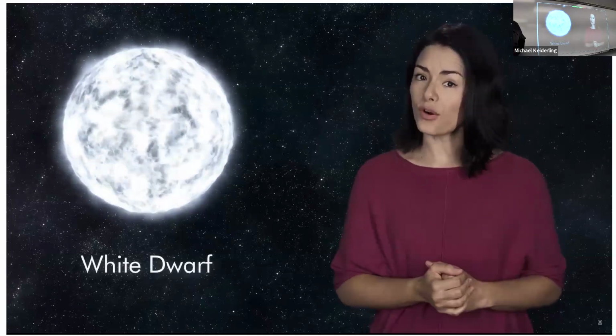Because fusion is no longer generating an outward pressure, the star contracts under the force of gravity to about the size of the Earth. But the lights don't go out right away. All that matter is still extremely hot, and hot things glow. So now you have a small ball of white hot matter floating in cold space. We call this a white dwarf. As the years pass, white dwarfs cool down and begin to dim. After all, space is very cold, close to absolute zero.